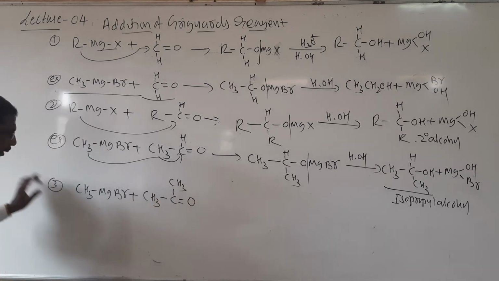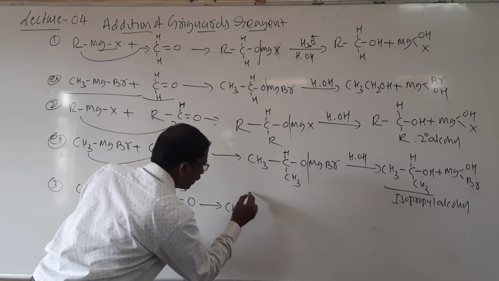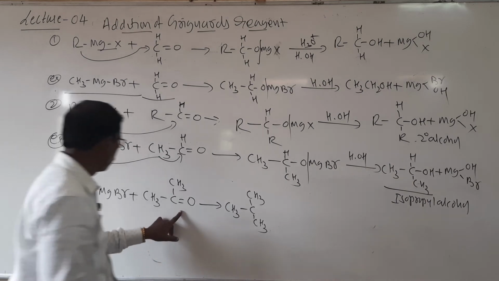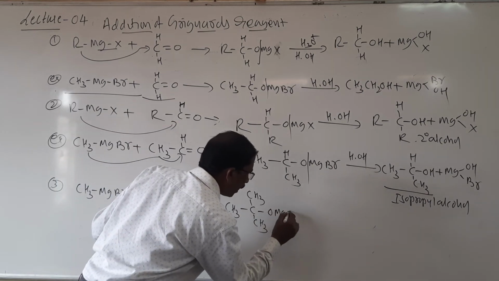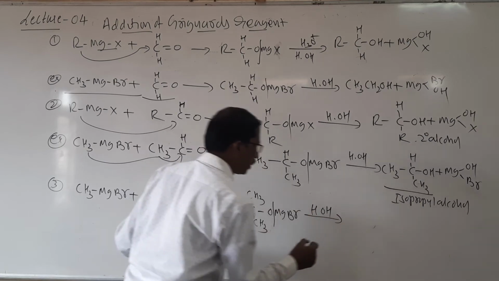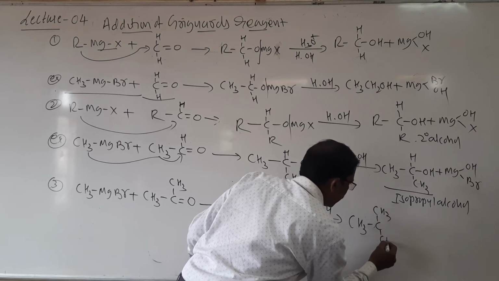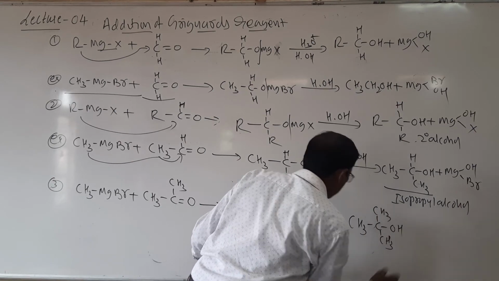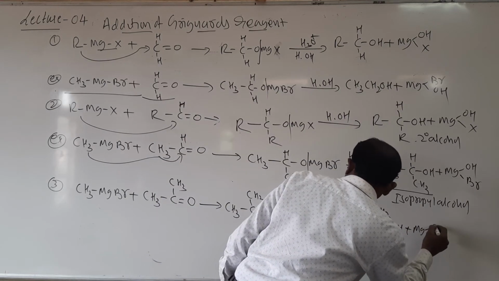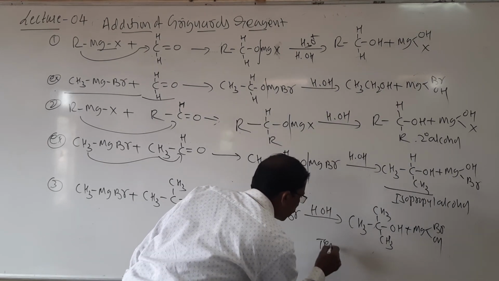Look here, then CH3 attacks here and then it forms (CH3)3C OMgBr, and then on hydrolysis it breaks, then it forms (CH3)3C OH, tertiary butyl alcohol, plus MgBrOH. Look here students, it is called tertiary butyl alcohol.